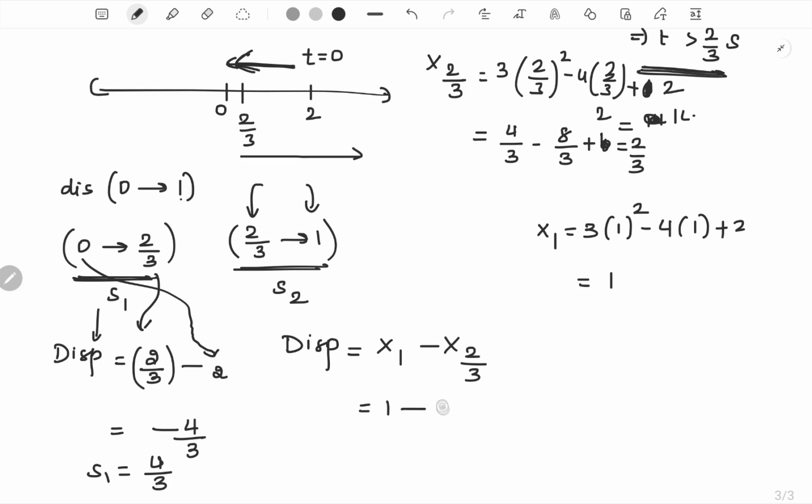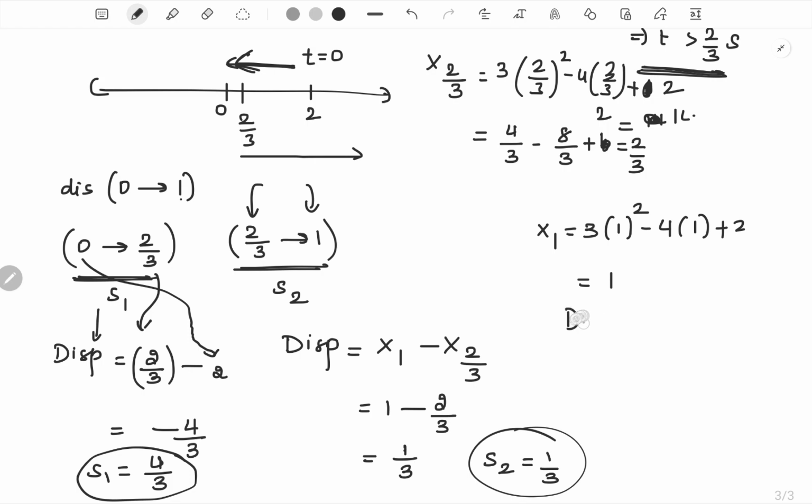So 1 minus 2 by 3 comes out as 1 by 3. This would be equal to the distance traveled in that interval. So the distance traveled in the interval 0 to 1 second would be nothing but the distance traveled between 0 to 2 by 3 and 2 by 3 to 1.